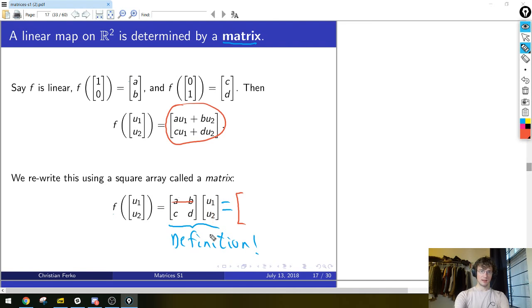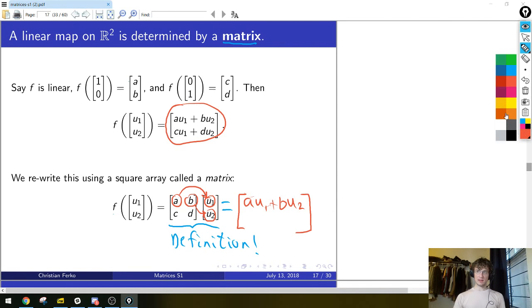What do I mean by that? I mean the mnemonic is that to get the first component of the output of the function, you take a times u1, so this is the horizontal line times the vertical line. So a times u1, and then you take b times u2, plus b u2. That's the first component. And now in a different color, to get the second component, you take this horizontal line and this vertical line.